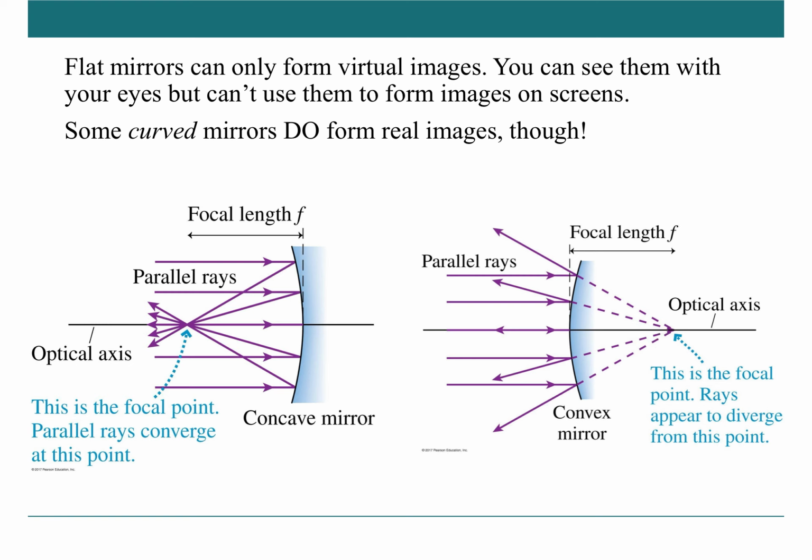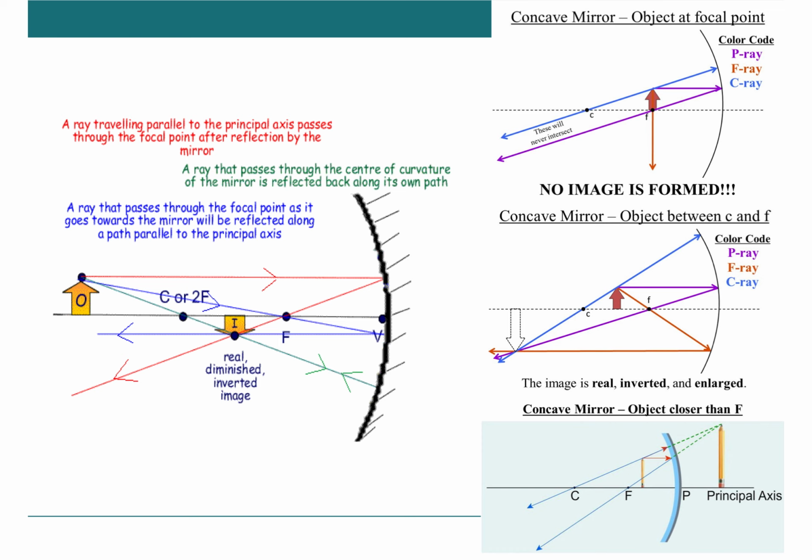A concave mirror that's curved towards an object that we're trying to image, so that it looks like the opening of a cave, can produce images of objects that might be located in different places depending on where our object is relative to the mirror itself. We'll learn that we can use a technique of ray tracing to think about where and what our image will look like.